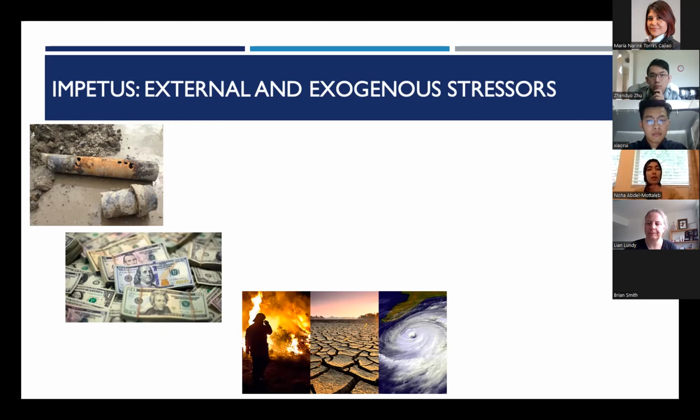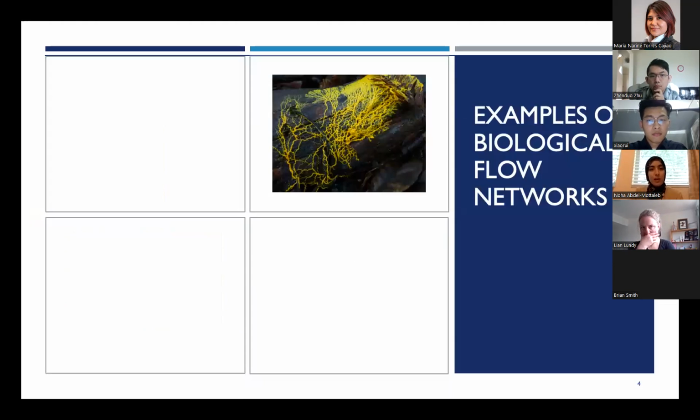And so now let's bring in the bio-inspired part. What are some examples of biological flow networks where we can derive some inspiration from? The most important one I want you to keep in mind for today is the top right, which is slime mold.